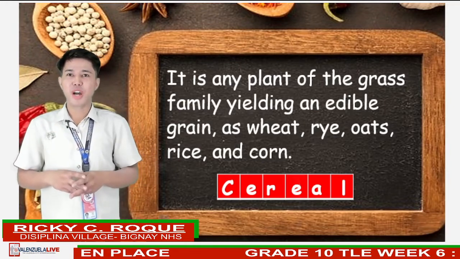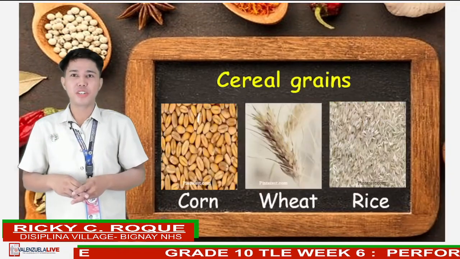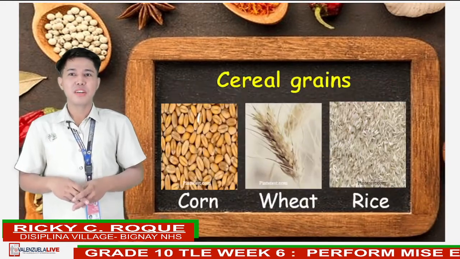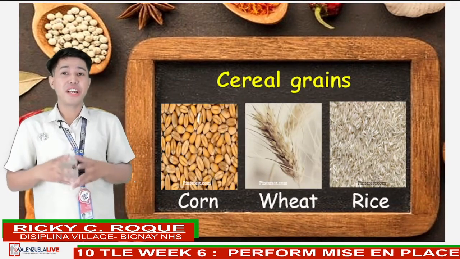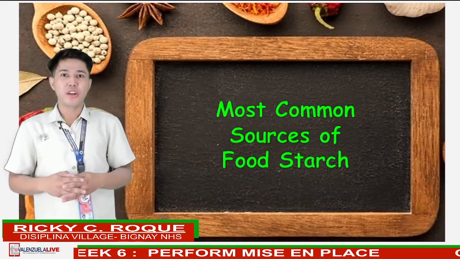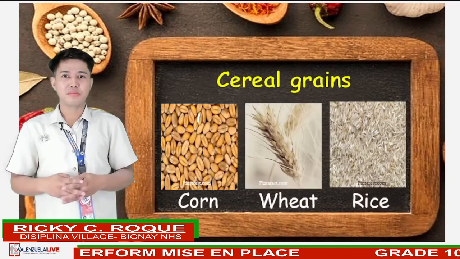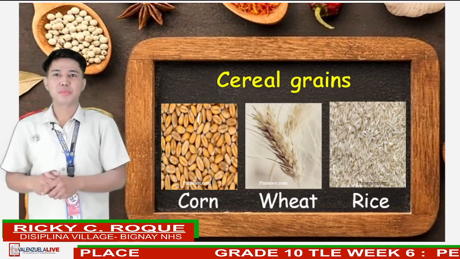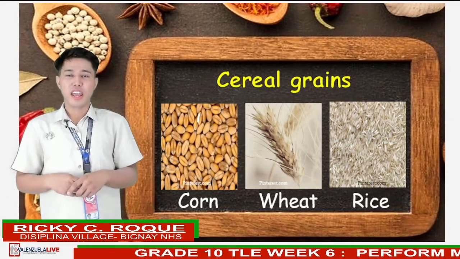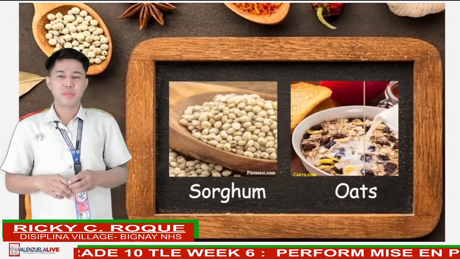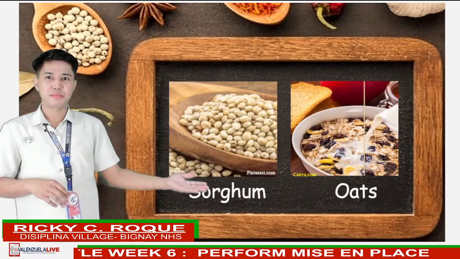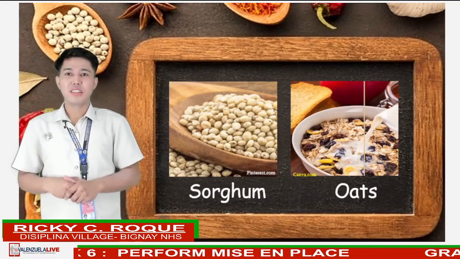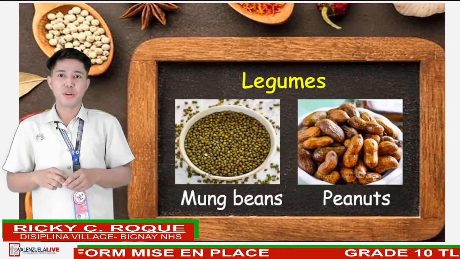Let us deepen our understanding between these two. Thus, the most common sources of food starch are cereals, cereal grains such as corn, wheat, rice, as you can see in the picture, and sorghum and oats. Next are the legumes.